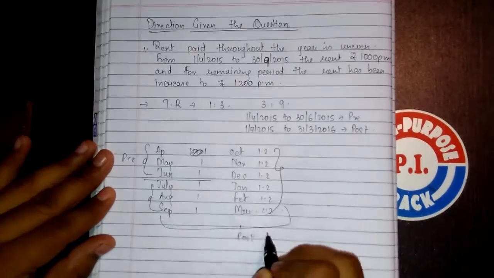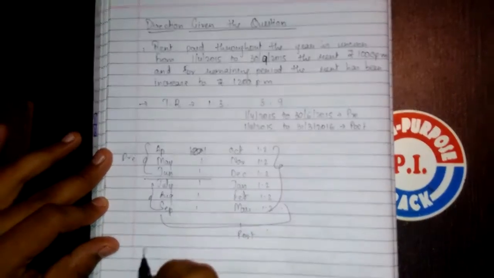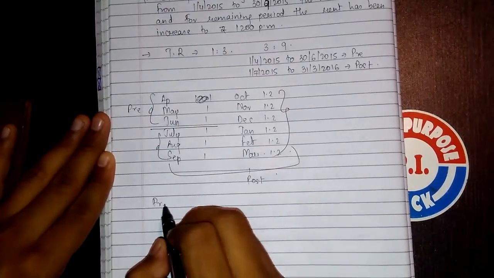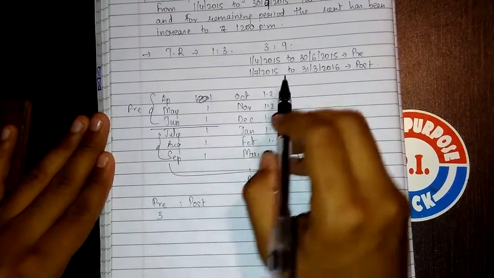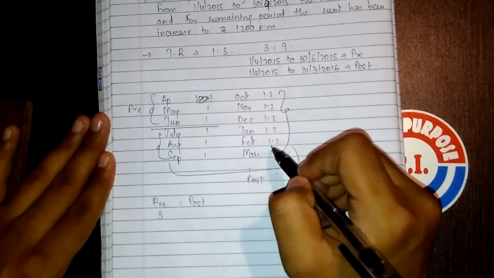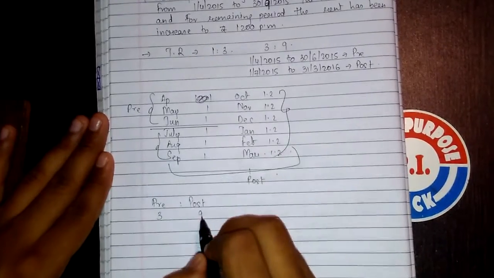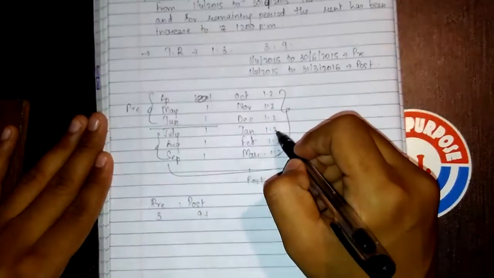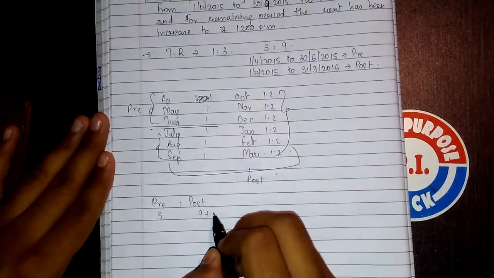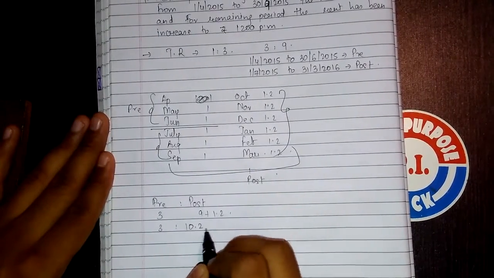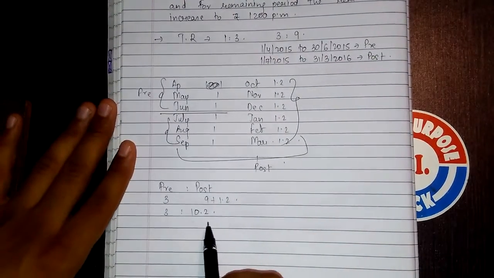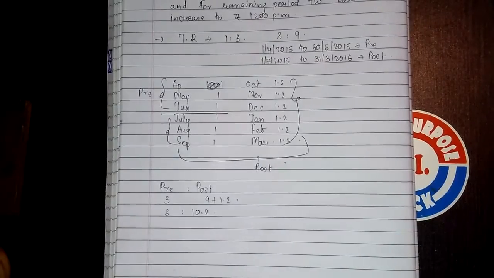Let's total this. The pre total is 3, and the post total is 3 plus 6 times 1.2, that is 7.2, so 10.2. So the ratio is 3:10.2. I hope this is quite clear.